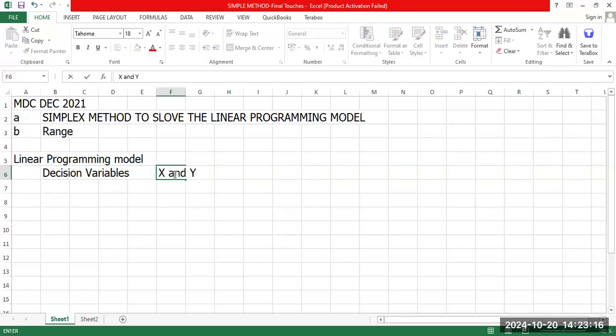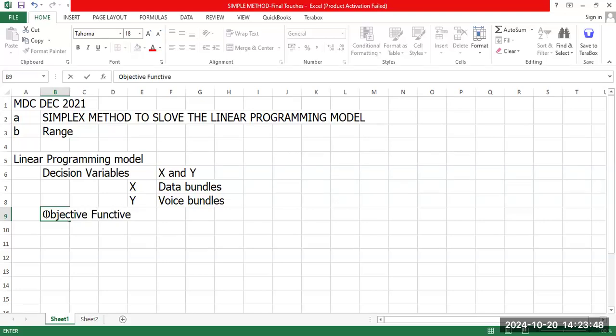X represents data bundles. Then y represents voice bundles.